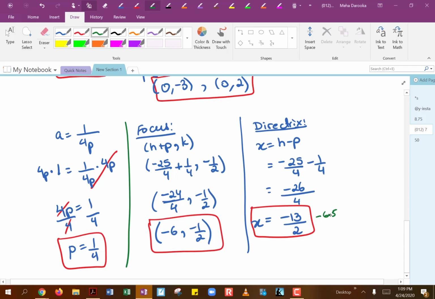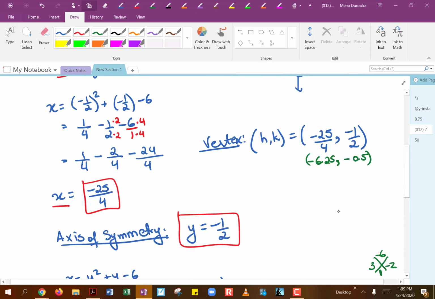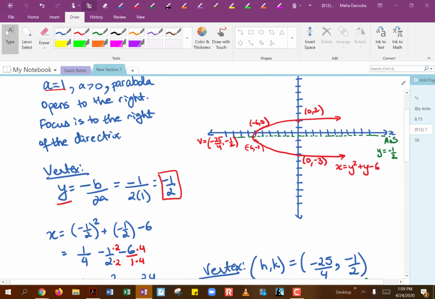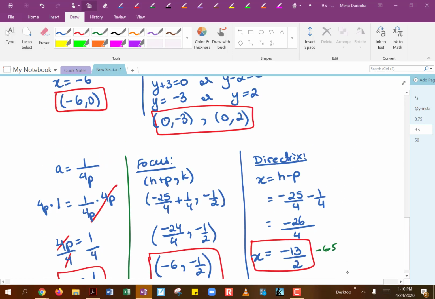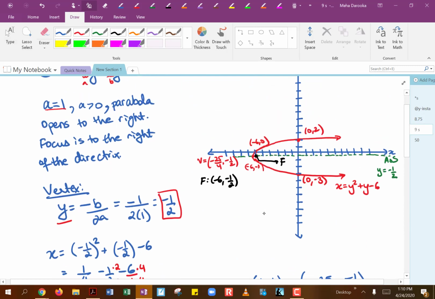So let's see, at -6 and -1/2, we have our focus. So -6, -1/2 is going to be right over here. So this is our focus. Okay, so the focus is going to be at -6, and then your directrix was at -13/2, or basically at -6.5.